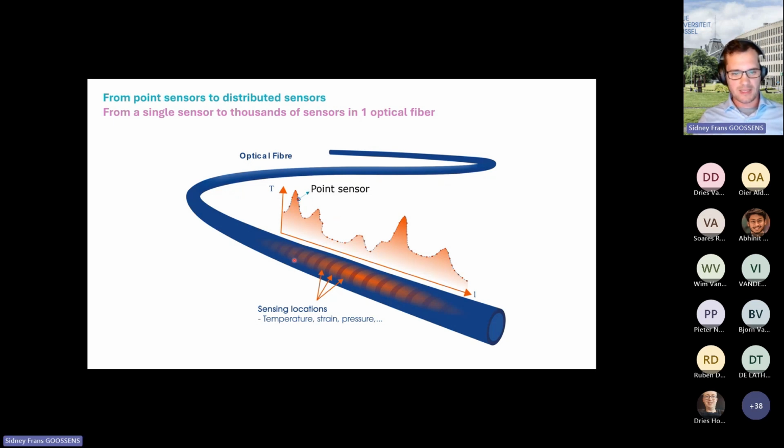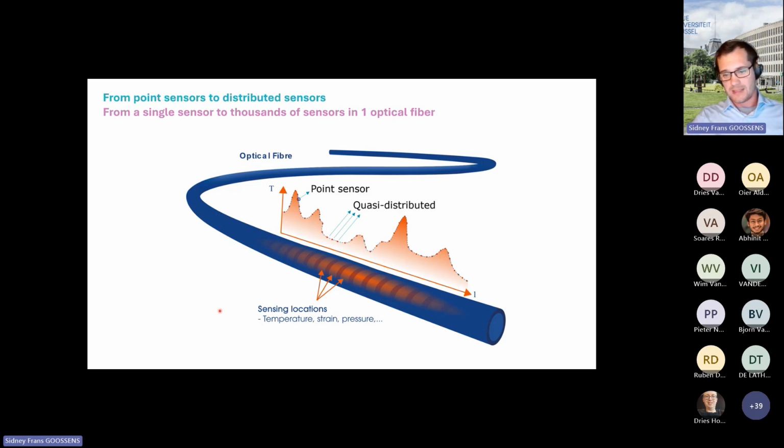A point sensor is, as the word says, a sensor at a point along the length of the optical fiber, at a certain location, that will give us the measurement, in this case temperature, can be strain, pressure, etc., at that location. Now, one big advantage of optical fiber sensors is that we can combine different point sensors into one fiber, and that's what we call a quasi-distributed optical fiber sensor.